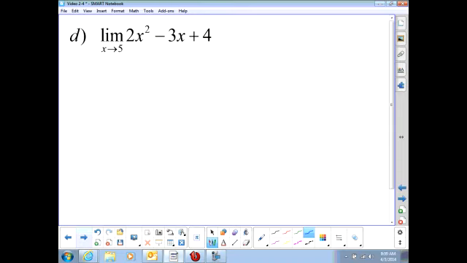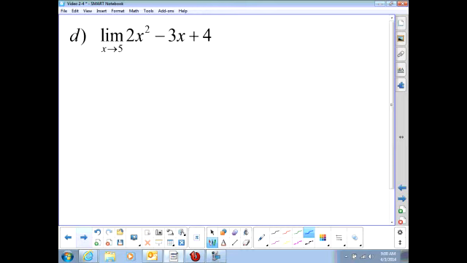So we'll now look at evaluating some functions algebraically. If a function is defined at the value where you're taking the limit, and it is continuous there, then you can just do direct substitution. This function here, 2x squared minus 3x plus 4, is a parabola.